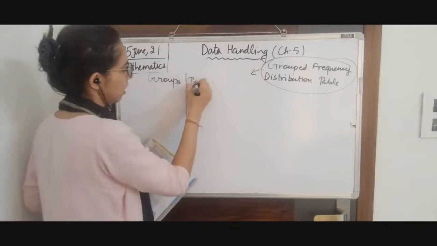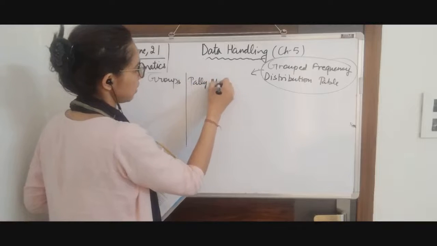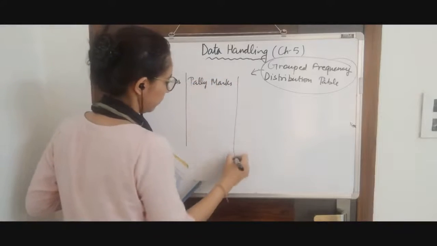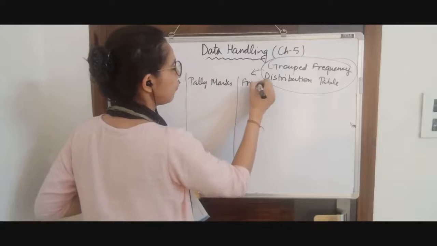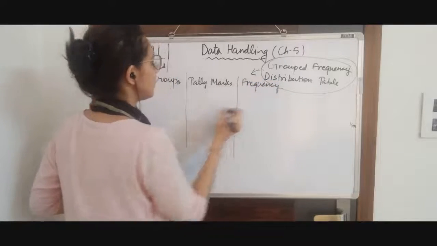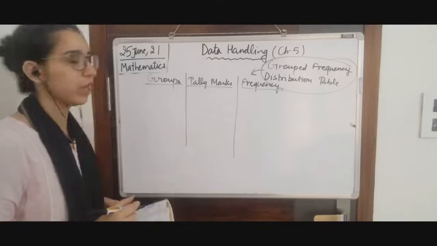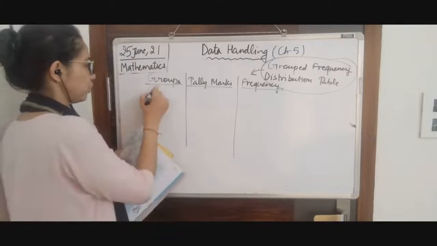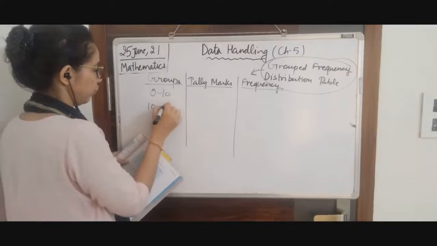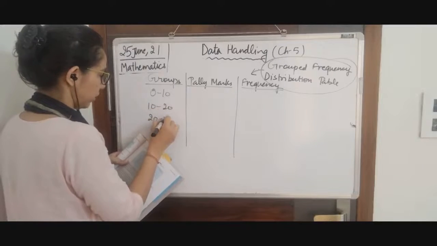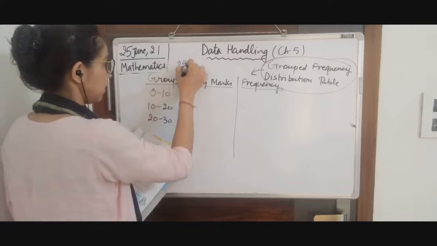I'm just writing the grouped frequency distribution table and then going to introduce some terms. Group, tally marks and frequency. We are not writing frequency for a single value now. Now we are writing frequency for groups. So 0 to 10, 10 to 20, 20 to 30. This is on page number 73.